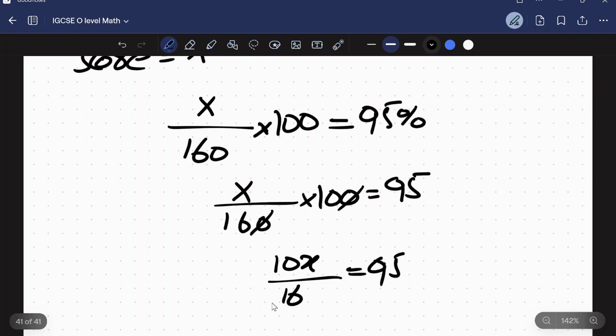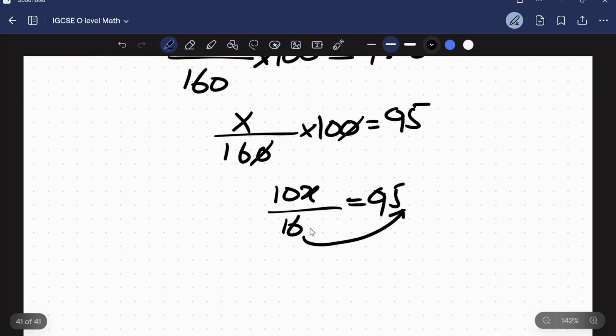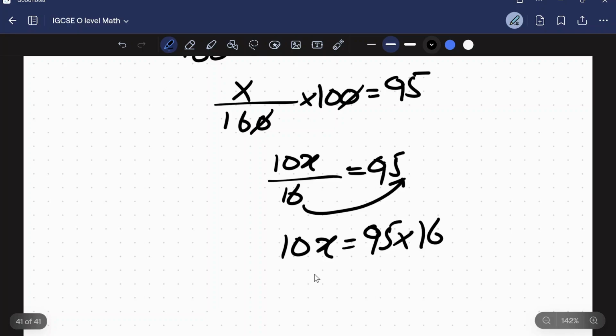Now in 10x over 16, the 16 is in division, so we'll take it to the other side of the equation, and it will be in multiplication now. So 10x equals 95 times 16. Let me check what 95 times 16 is, which is 1520. So 10x equals 1520.